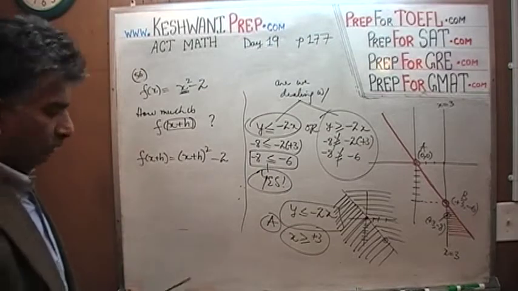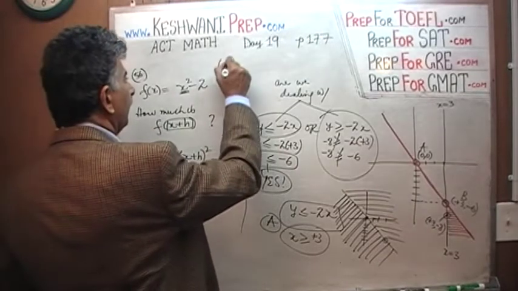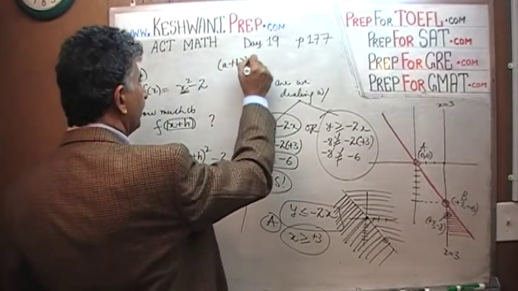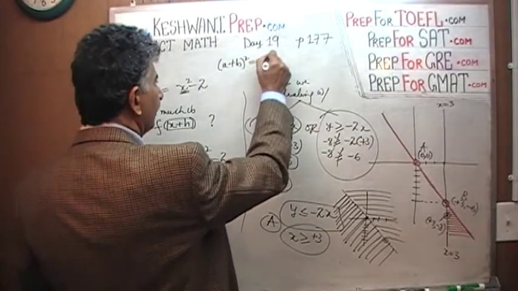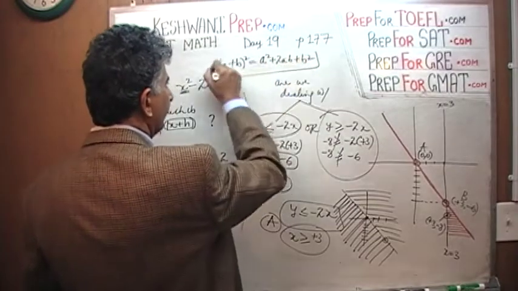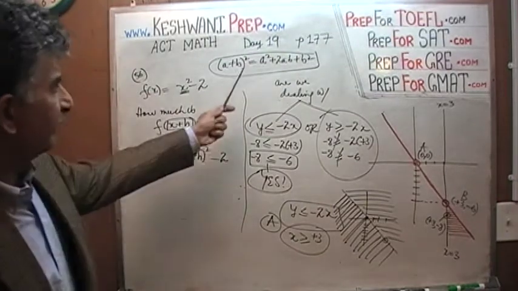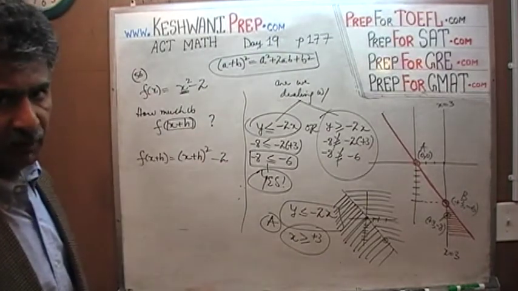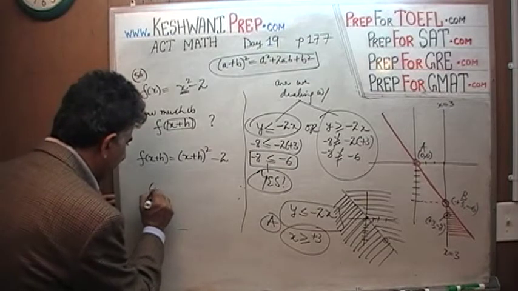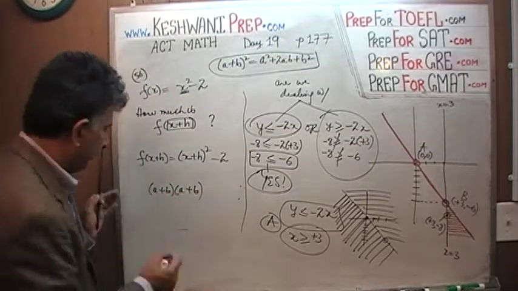For that we have to know this formula here. I'm going to put it on the top here, which is a plus b squared, which is simply a squared plus 2ab plus b squared. And if you can't remember that formula, it's not a big deal. It only takes a couple of seconds to figure it out. It's simply a plus b times a plus b, and we can do it out in 5 seconds.